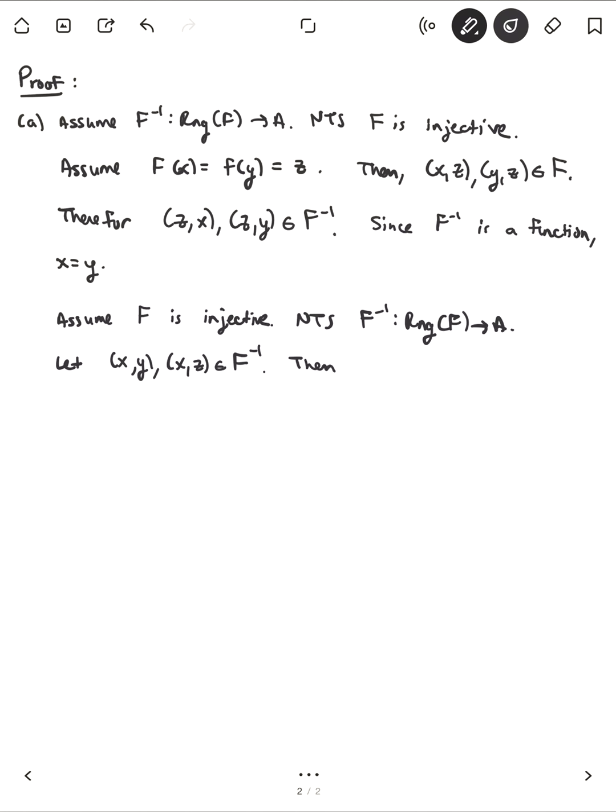Then (y, x) and (z, x) are both elements of f. Since f is injective, we have that y equals x. Okay? So that finishes that proof.